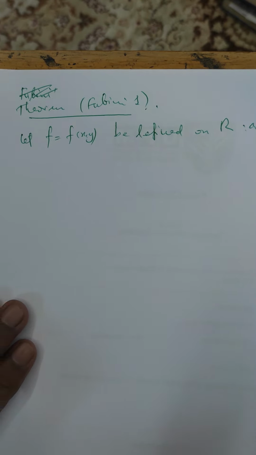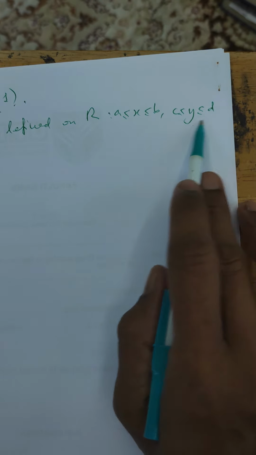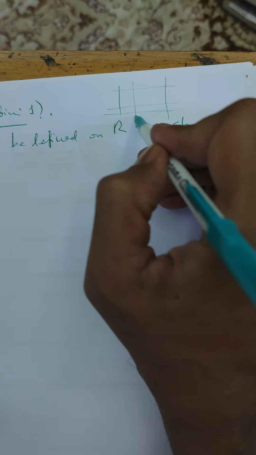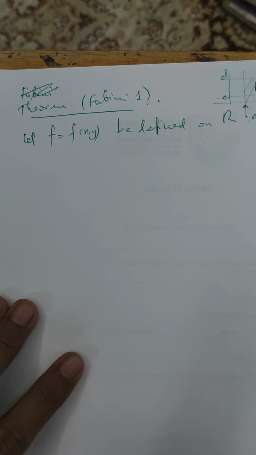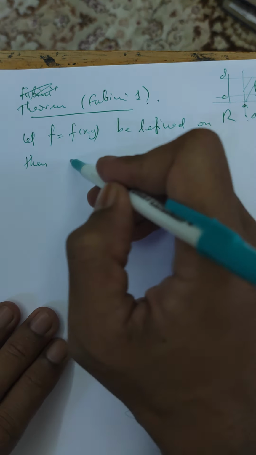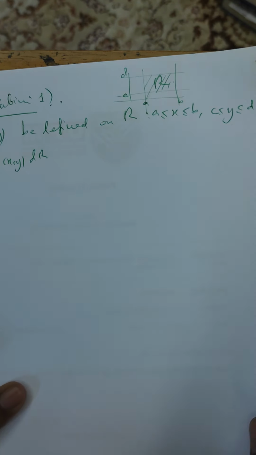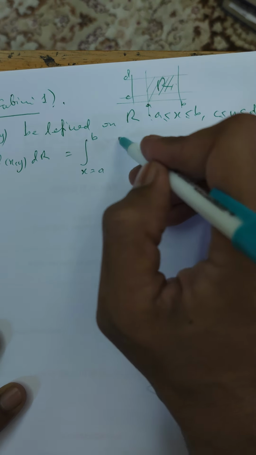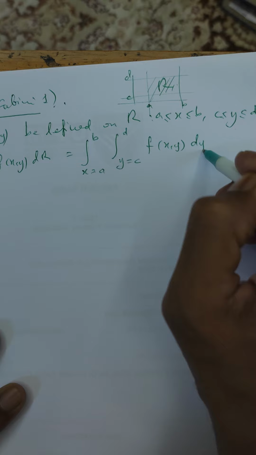If you look at the region here, x is between two constants A and B, and y between two constants C and D. So basically our region just looks like a rectangle, for x from A to B, y from C to D. That's our R. Then the integral over region R of f(x,y) dA is, we integrate x from A to B, y from C to D, f(x,y) dy dx.